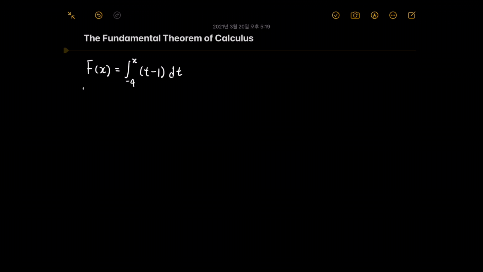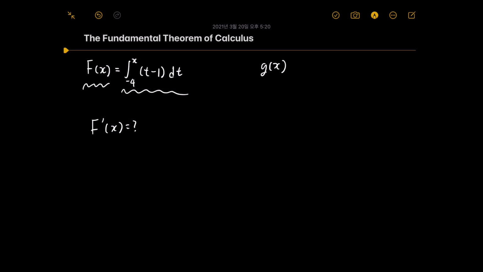Here we have f of x, which is defined as the integral from negative 4 to x of t minus 1 dt. Then what would be f prime of x? From the definition, we know that if there's a g of x and an f of t, this is an integral from a to x.